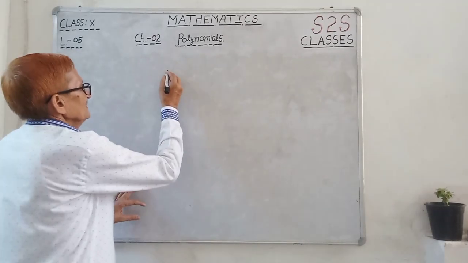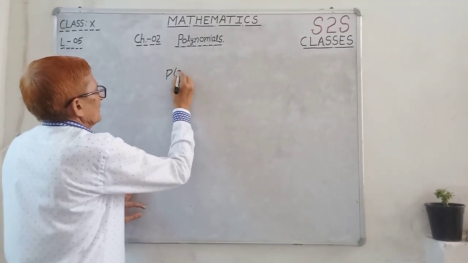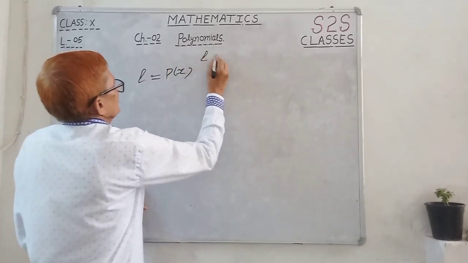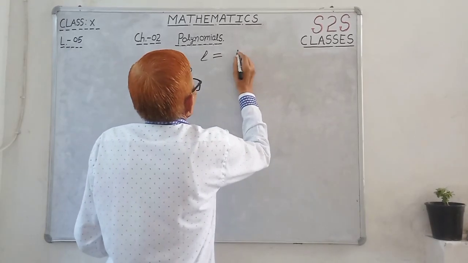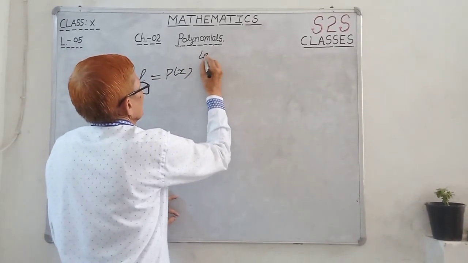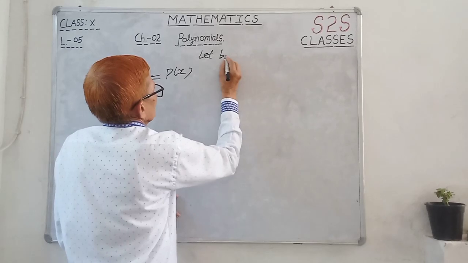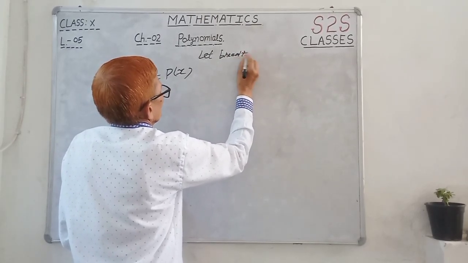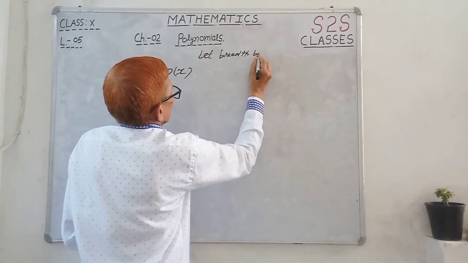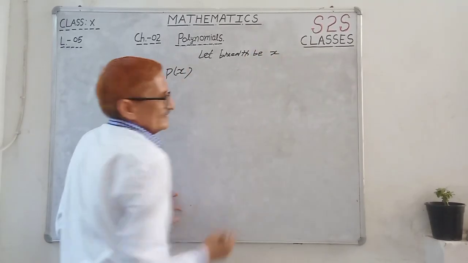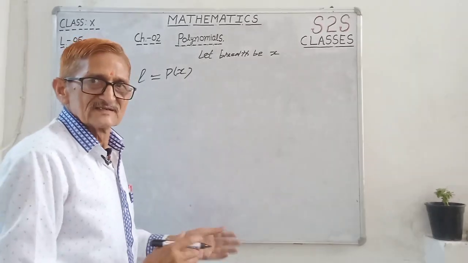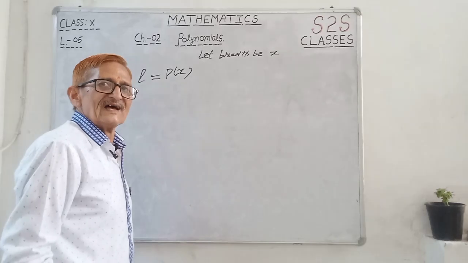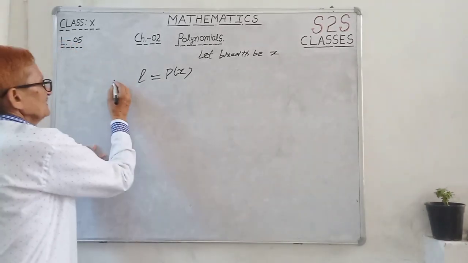Here length is a polynomial. First let the breadth be x, the independent quantity. The dependent quantity is called y, and that is the length.